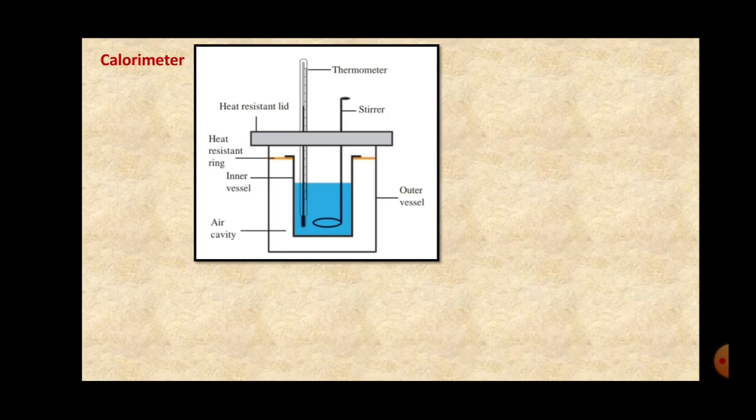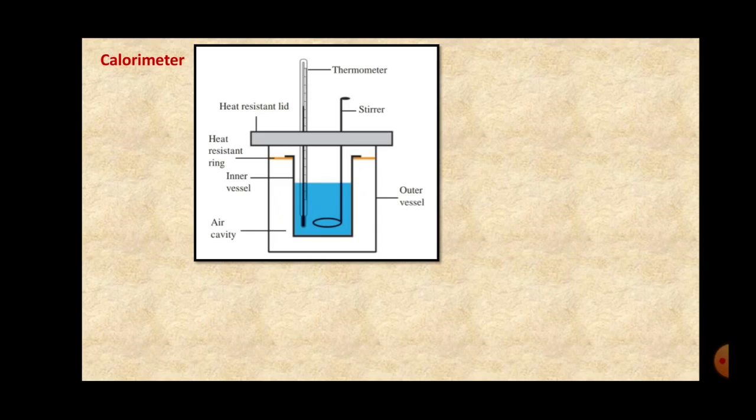So the inner vessel is completely isolated from the surroundings. The inner vessel is made up of copper and a thermometer is placed in it to measure the temperature, and we have a stirrer which is used to stir the liquid in which the calorimeter is fitted.